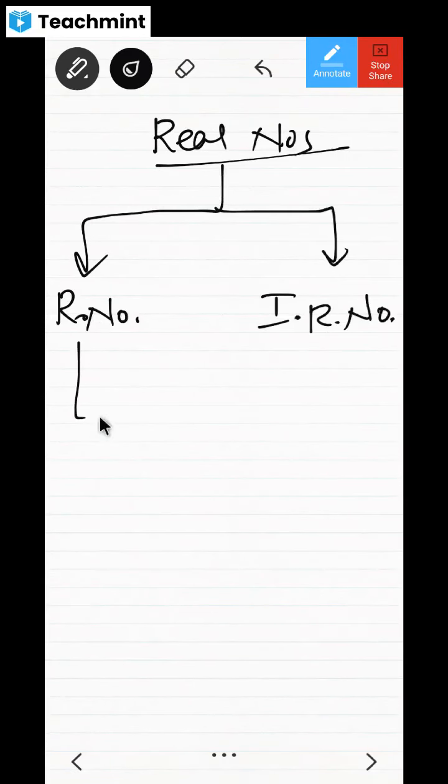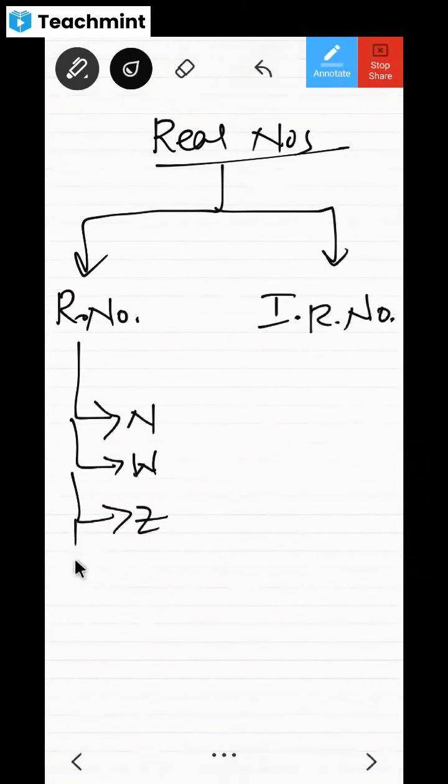Again, in rational number, which numbers will come? Natural numbers will come, whole numbers will come, and all integers will come, and all decimal numbers will come. Which decimal will come here? Terminating decimal will come.